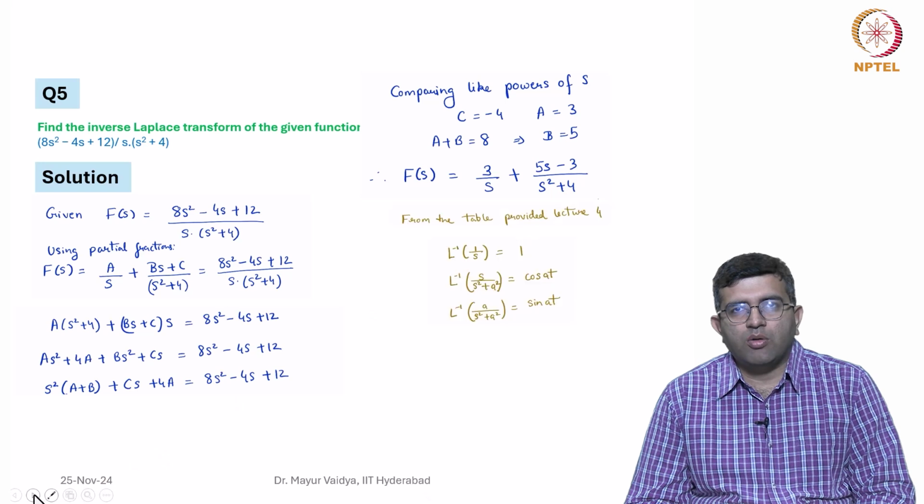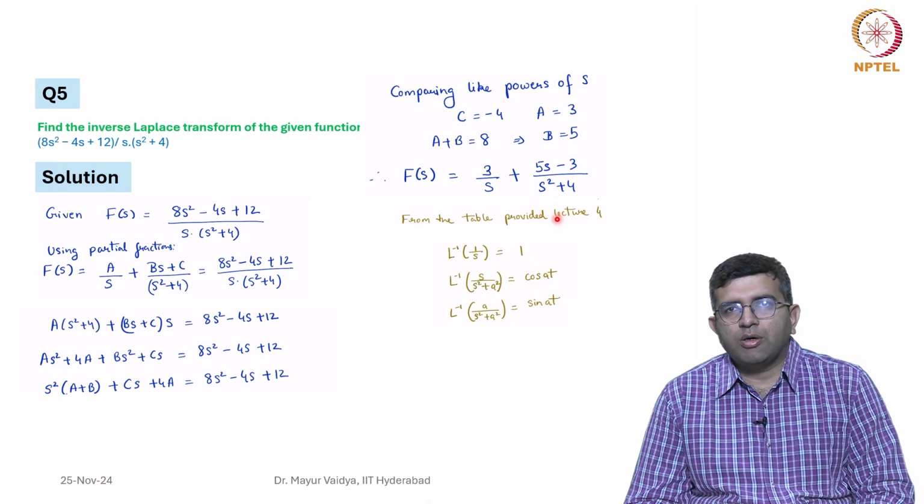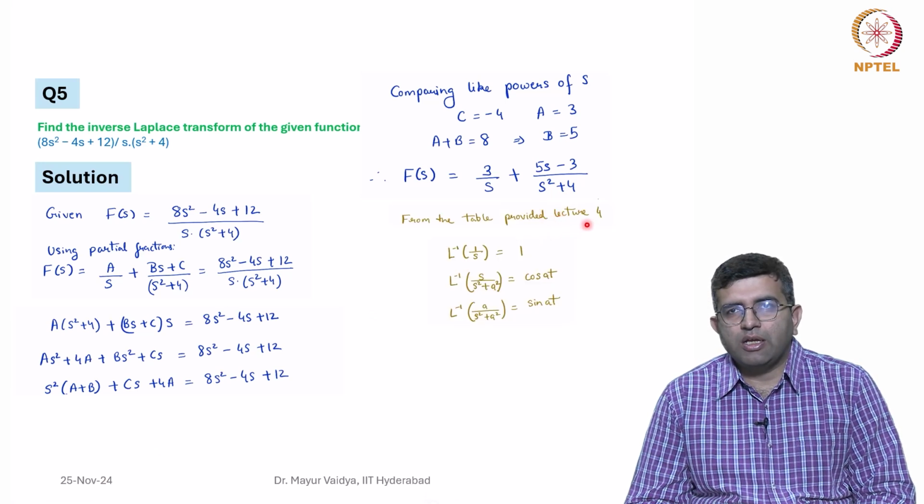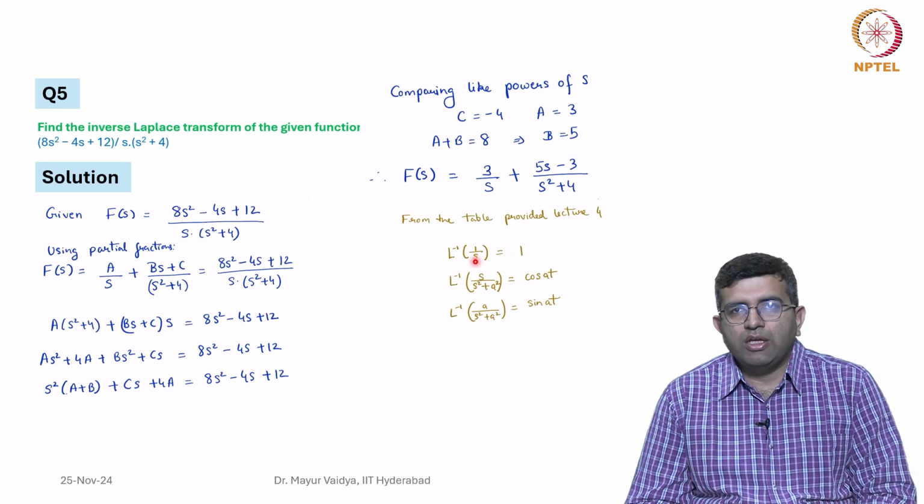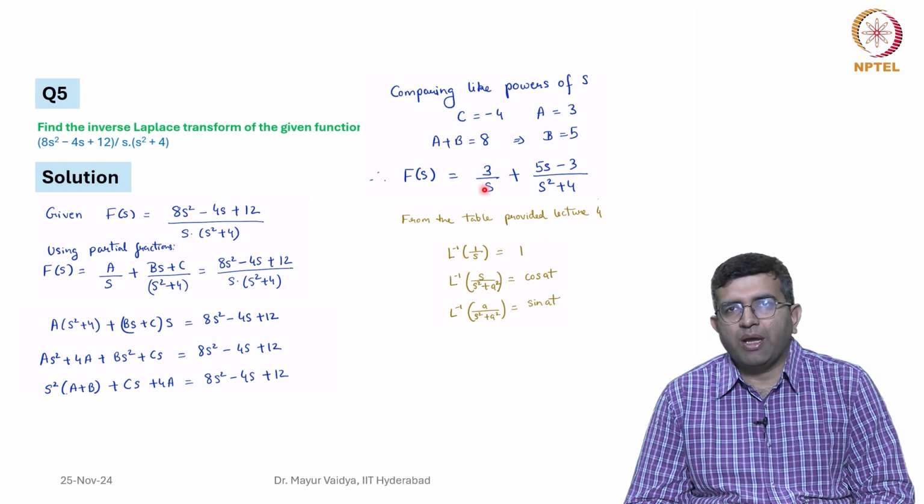Now, from the table provided in lecture 4, the previous lecture, we know that the inverse Laplace transform of 1 by s is the constant 1, whereas the inverse Laplace transform of s by s square plus a square is cos at, and of a by s square plus a square is sin at.